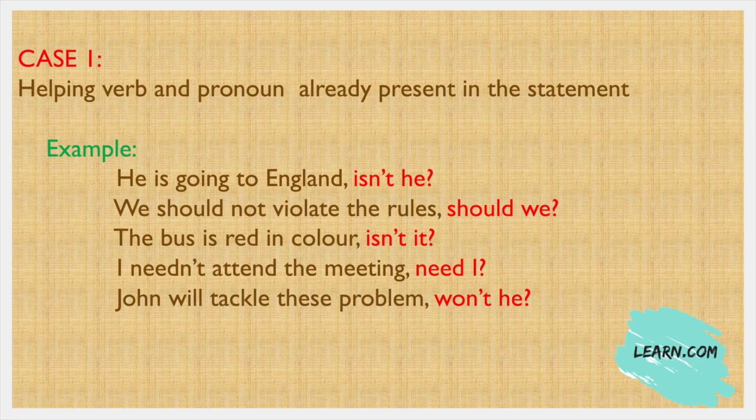Now, always remember the question tag consists of two words, the helping verb and the pronoun. Here the helping verb is already present, and the pronoun he is already present. So both the things required to form a tag are already present in the statement. All you need to do is add or remove not for the negative verb.